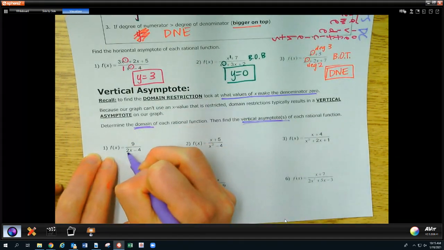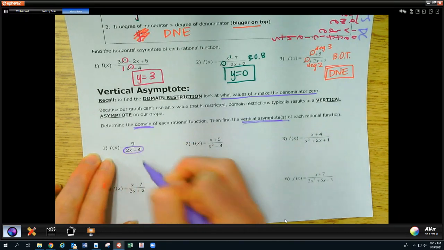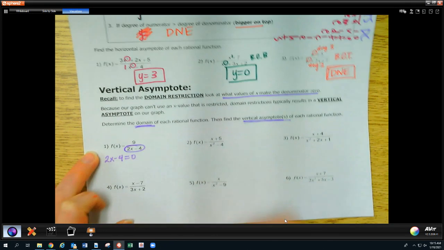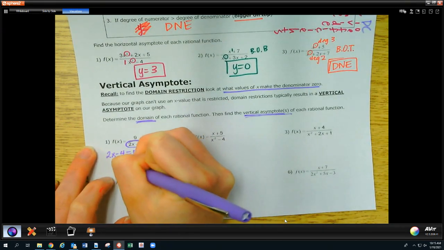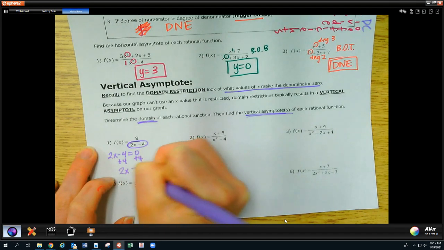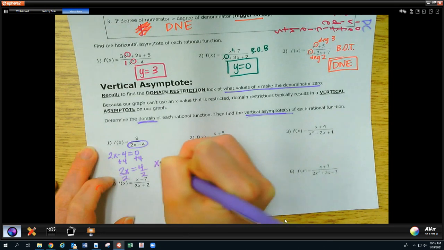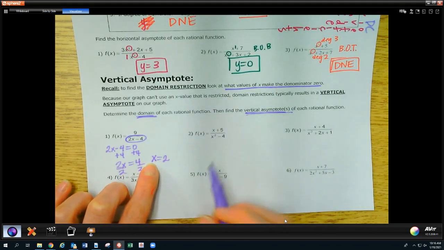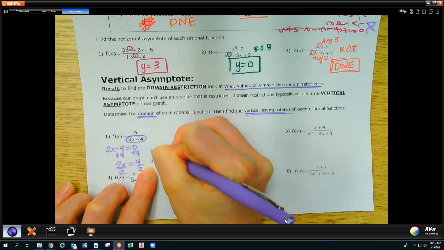So in number 1, you set this denominator equal to 0 and solve for x. Sometimes it's easier, you can do it in your head, which we usually do, but I'm going to write it out. And so x equals 2. Okay, so at x equals 2, we have a vertical asymptote.